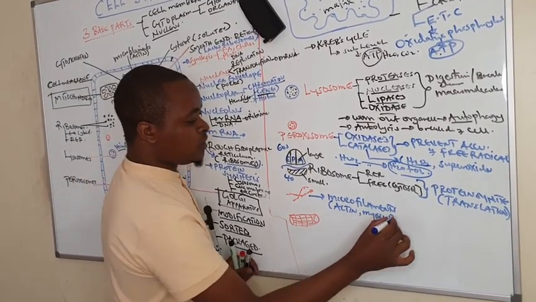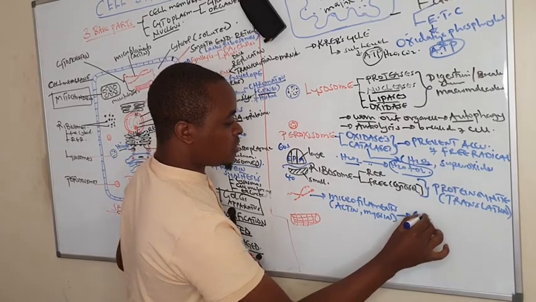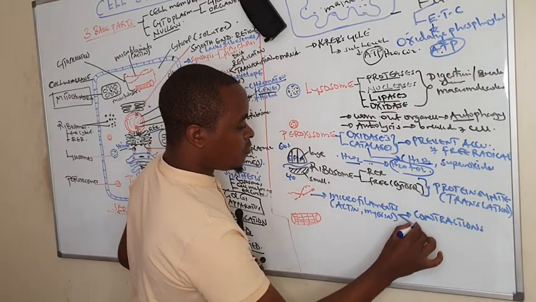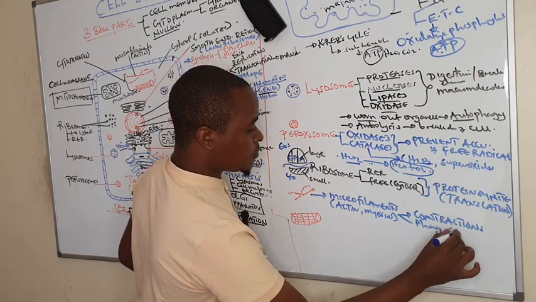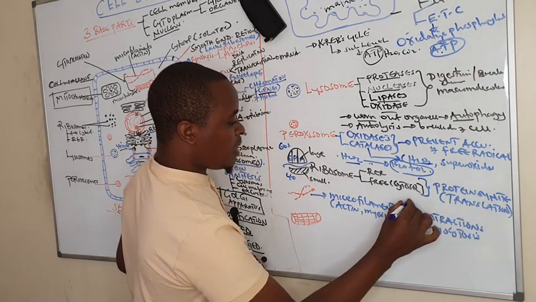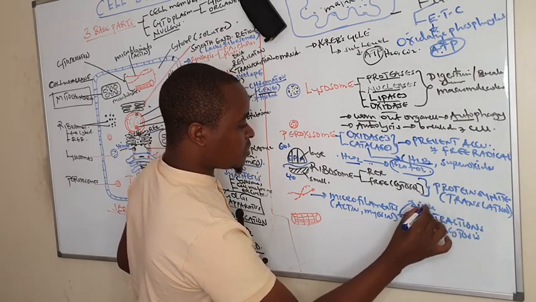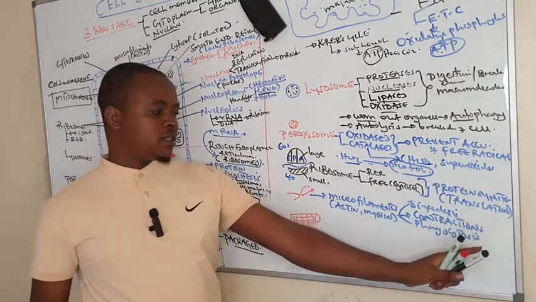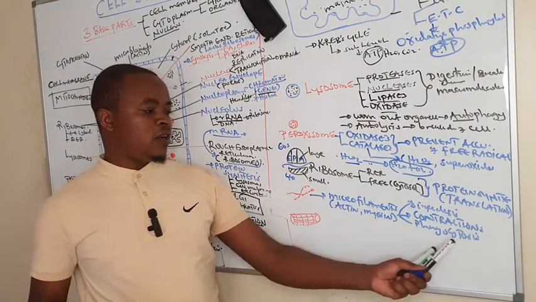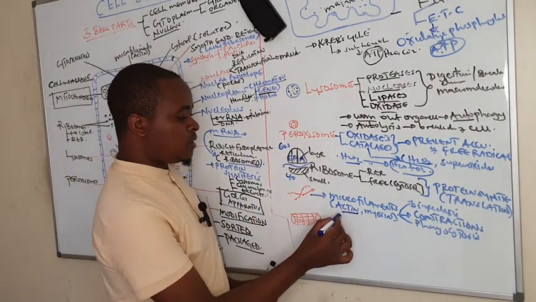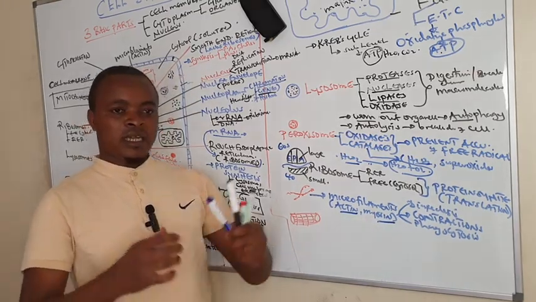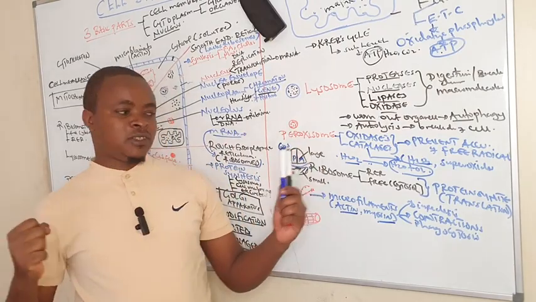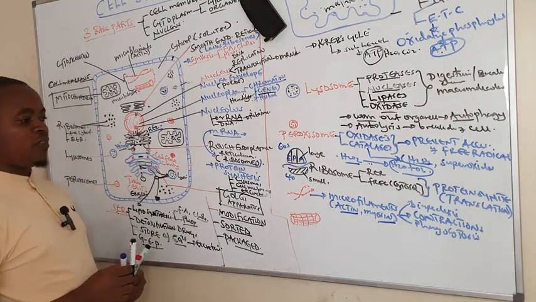Actin and myosin are responsible for contractions, for phagocytosis, and even diapedesis, movement of cells. So diapedesis, muscle or cell contractions, and phagocytosis are done by actin and myosin, whereby during the muscle filament theory, they keep contracting and relaxing. That is the function of the microfilaments.